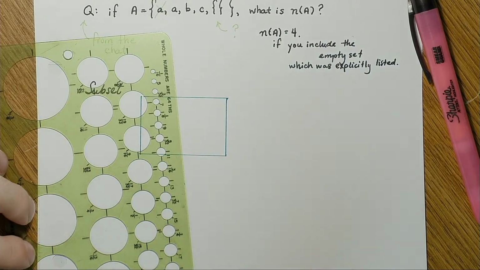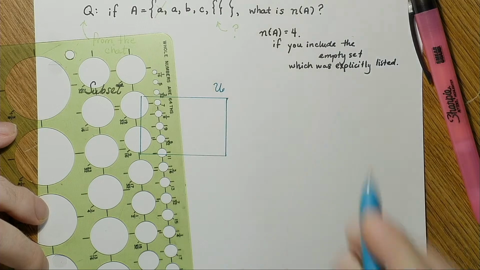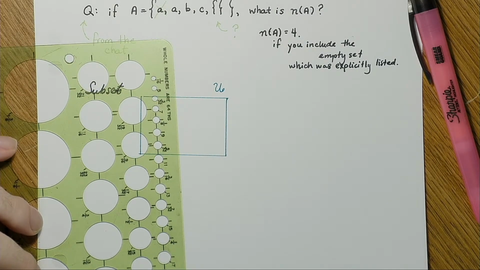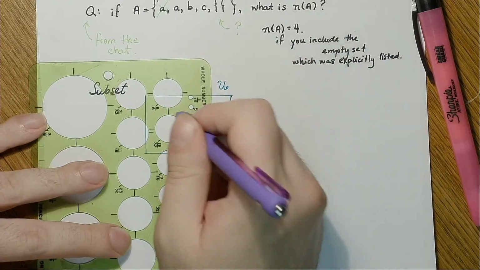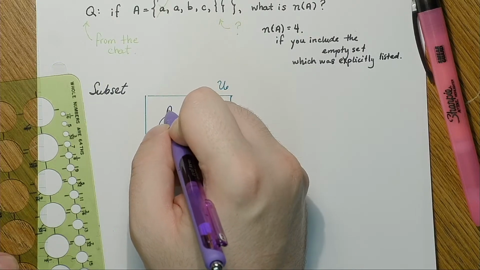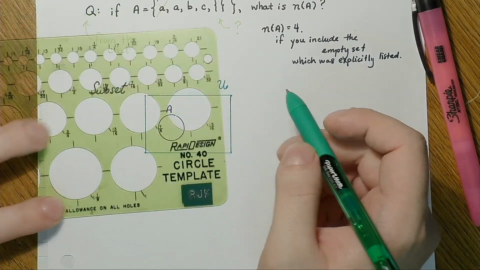A subset is where we have a set that's inside of another set. So I'll switch colors. I'll call this A, and the other one I'll call, let's go with a bigger circle, B.